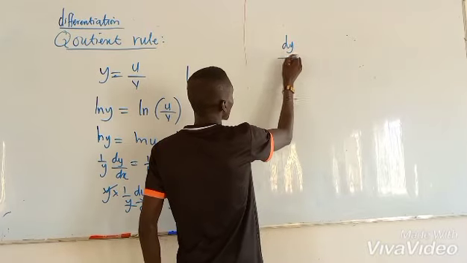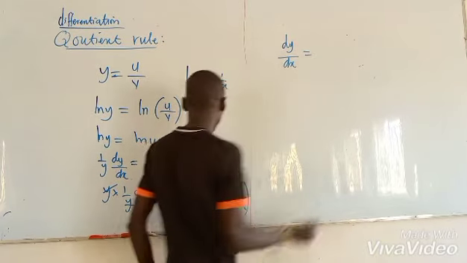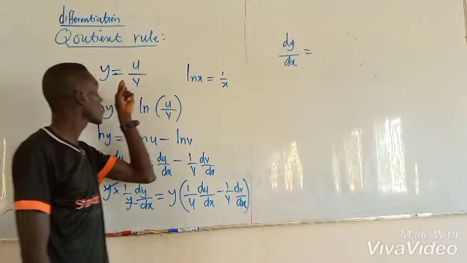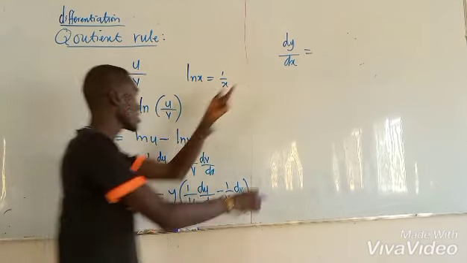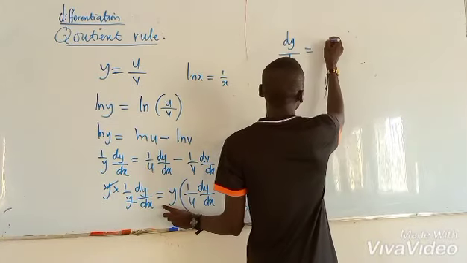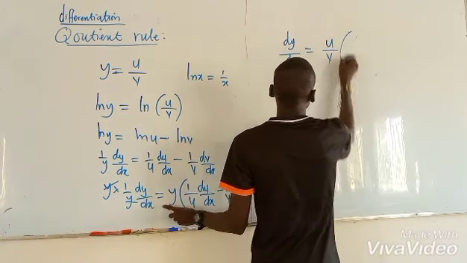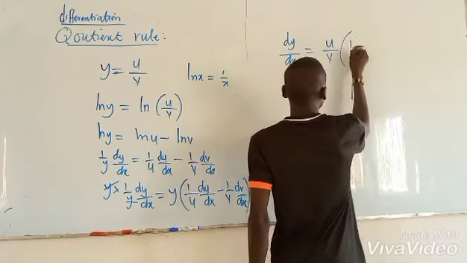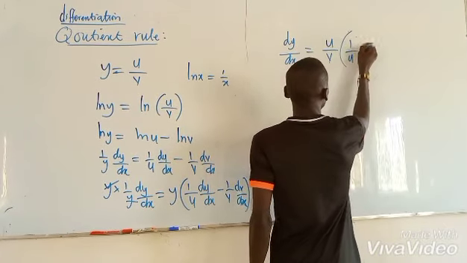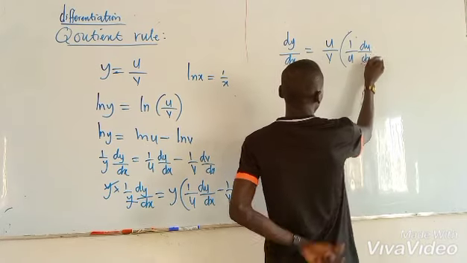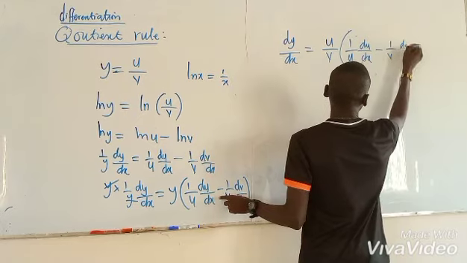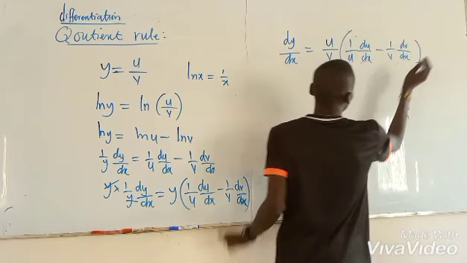We're going to have dy/dx equals, in place of y, u over v, because that's what we started with. So in place of y, I'm putting u over v, open bracket, 1 over u du/dx minus 1 over v dv/dx, close bracket.